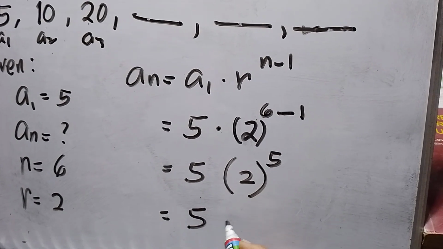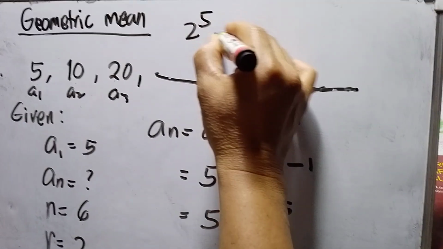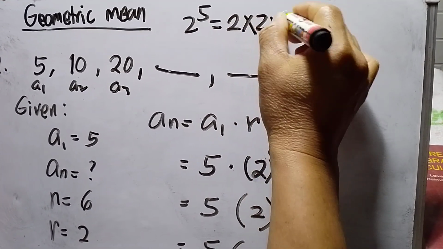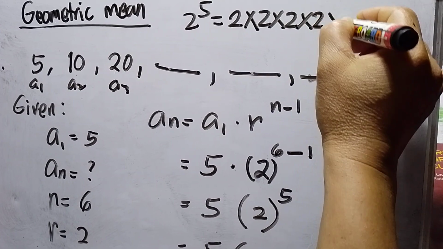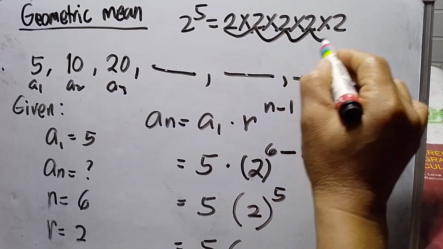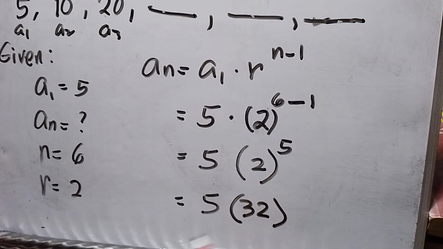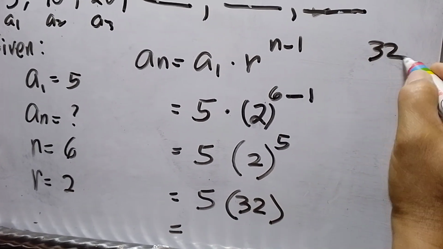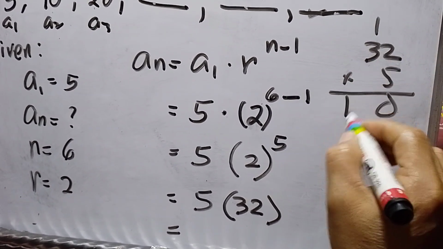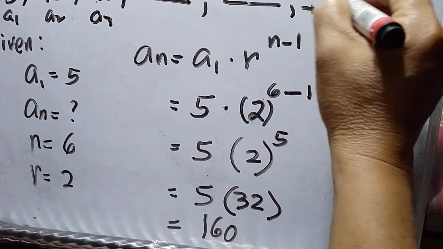So this will be 5 times, what is 2 to the power of 5? 2 to the power of 5 is equal to, multiply itself 5 times. 2, 3, 4, 5. This is 4, 8, 16, 32. So this will be equal to 32. And then 5 times 32. 32 times 5. This is 10, carry 1, 15, 16. So this is 160. So therefore, my last term is 160.